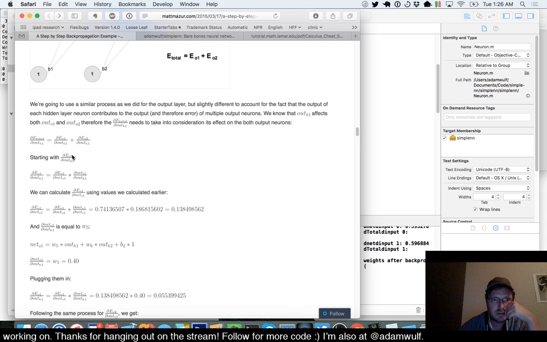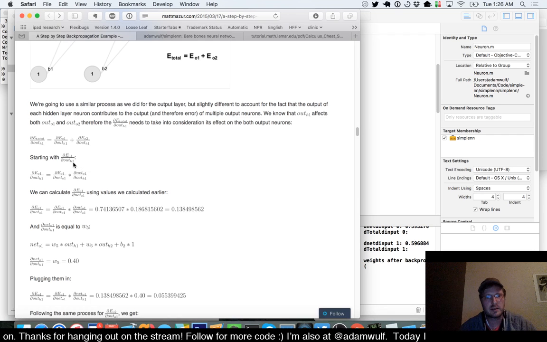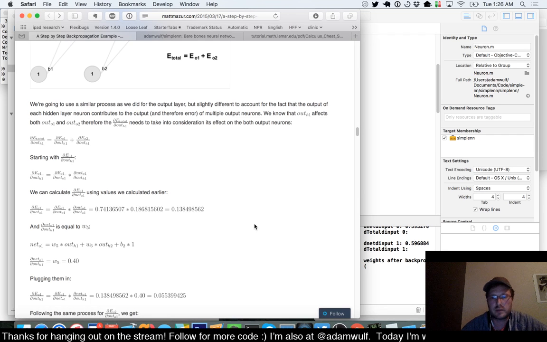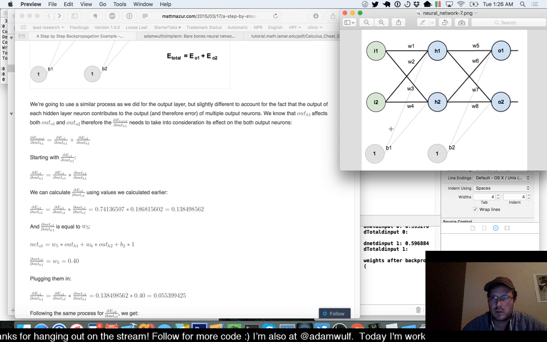So D E O1 to D out H1. The output of everything with regards to the output of just this guy is equal to the error to the net and the net to the output, right?